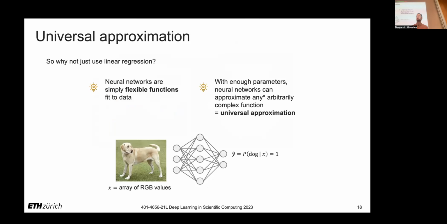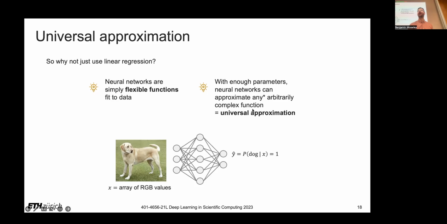Okay, so it begs the question, if I'm trying to fit a simple function, why should we even use neural networks? Well, sure, if you're doing polynomial regression, it's much better to use a polynomial if you know that's the case. But if we want to learn really complicated functions, neural networks are really powerful because they have this property called universal approximation. This is the property that, with enough parameters, neural networks can approximate any complex function.